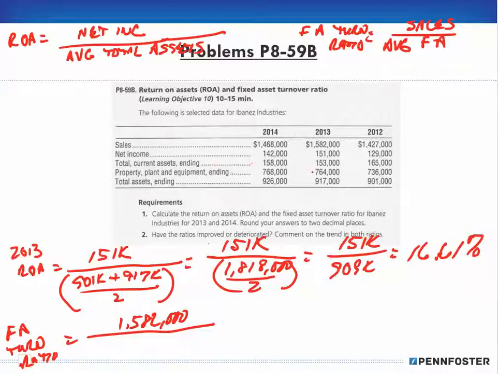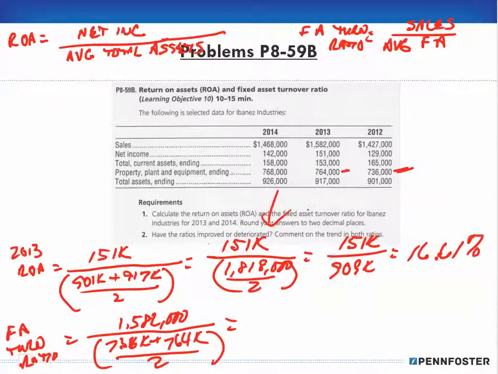My average fixed assets, property, plant, and equipment, the beginning was 736,000, plus the ending is 764,000. And I'm going to divide that all by 2 because it's an average. I'm not going to go through all of the math here, you can just plug and play and follow along. And my turnover ratio ends up being 2.11.